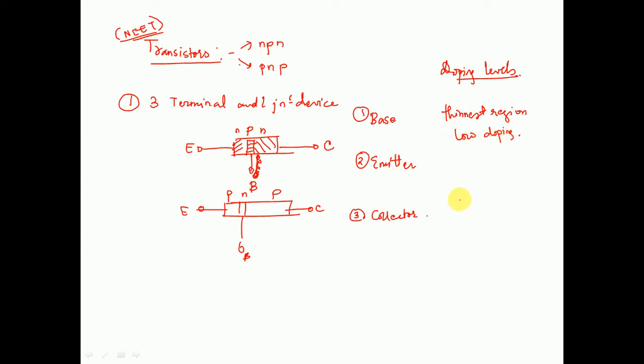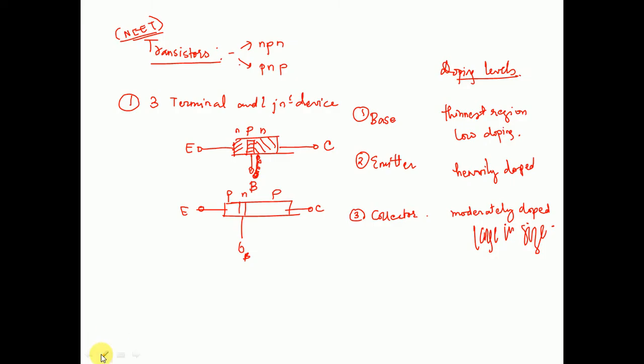The emitter is heavily doped. The collector is moderately doped and large in size. Alright, if you've understood this much, let's move on to the next.